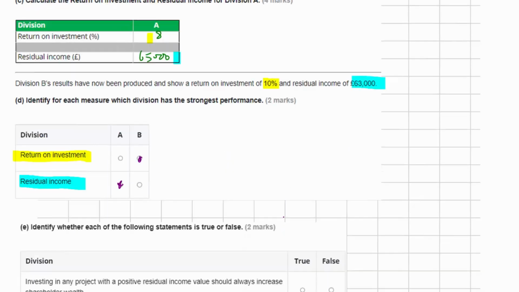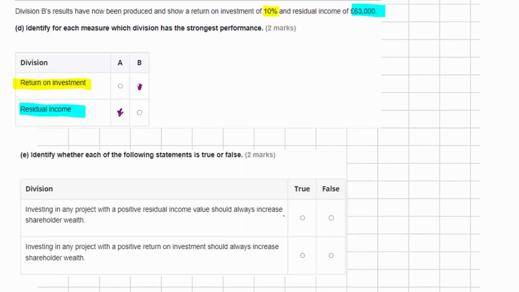And then for the final part of the question, identify whether each of the following statements is true or false. Investing in any project which has a positive residual income will always increase shareholder wealth. Okay, so let's go back to our formula for this.